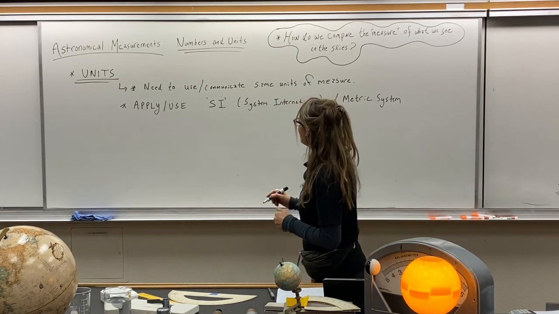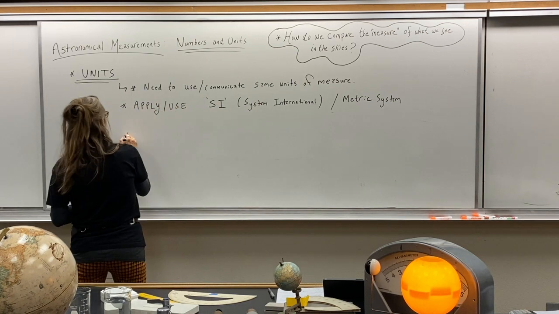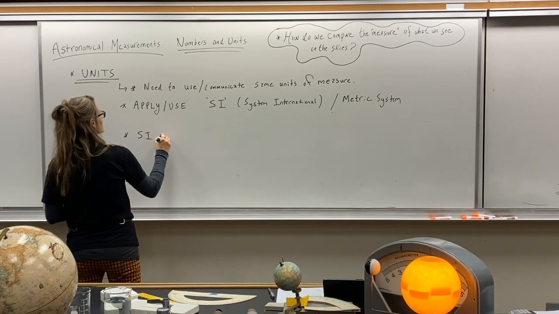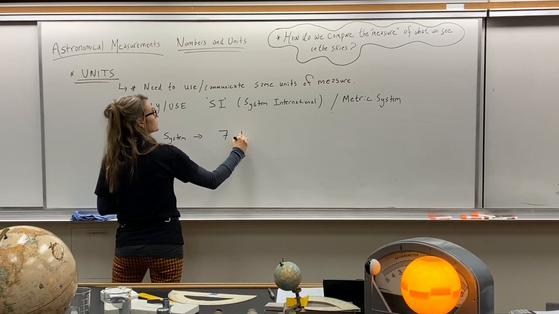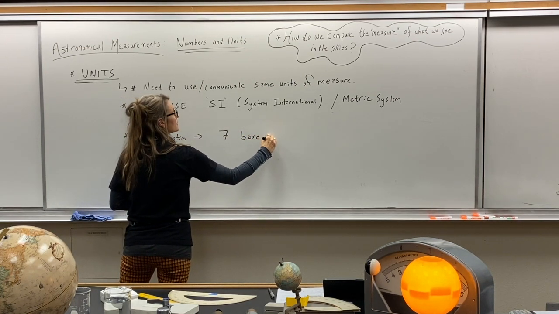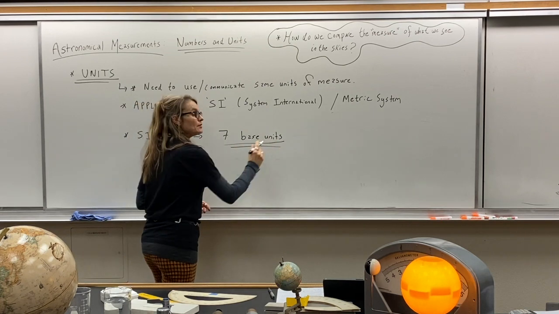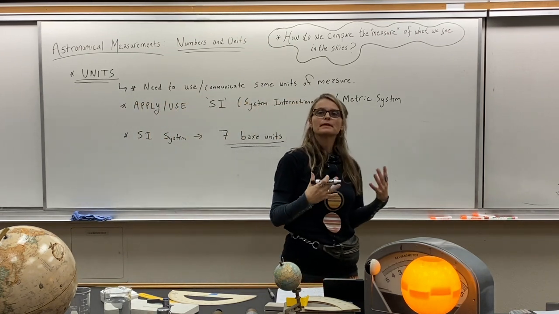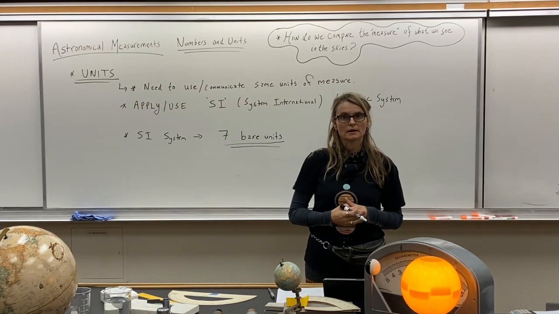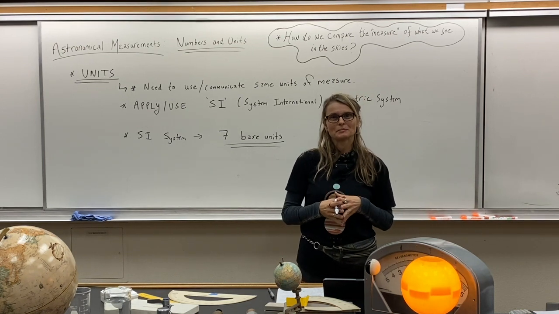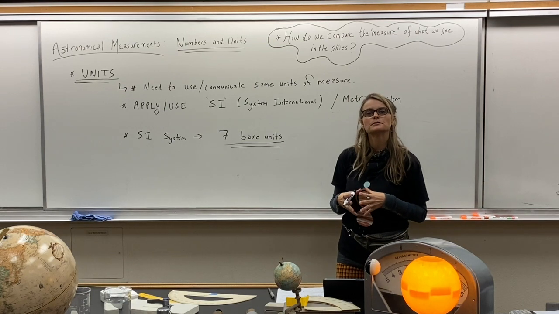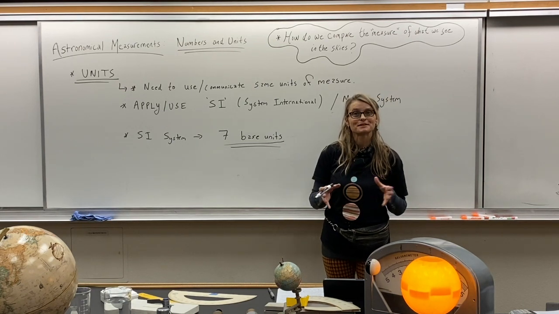So we have in the SI system 7 base units in which everything else, all the other units, are based on. And again, this is used for all disciplines, not just astronomy. So again, this is important to communicate our measurements with.